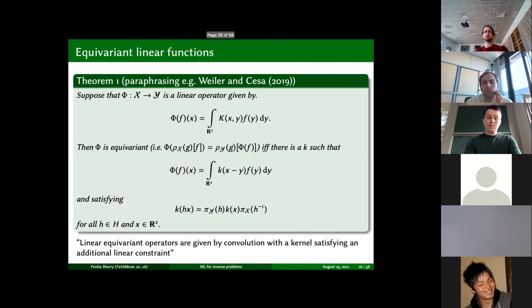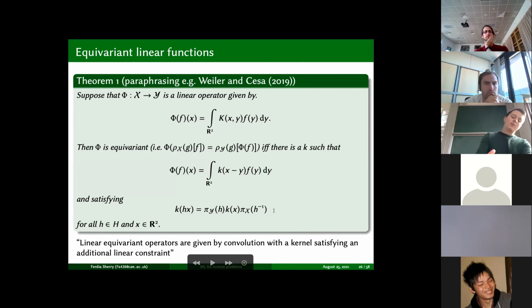There's this nice result that says, at least in the setting that we're in right now, if you want an equivariant linear operator given by an integral operator, then it has to be a convolution, and this convolution has to satisfy this extra constraint.